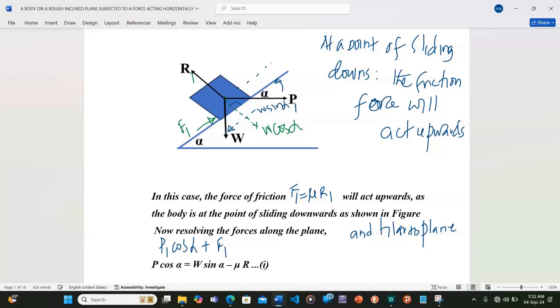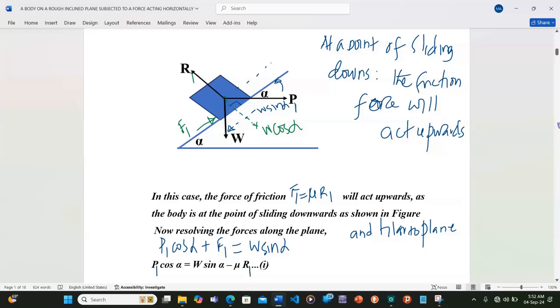Then what other force is acting is W sine alpha. So that means this P1, if I make it the subject, I will have P1 cos alpha equal to W sine alpha, I take away F1, which is nu R1.